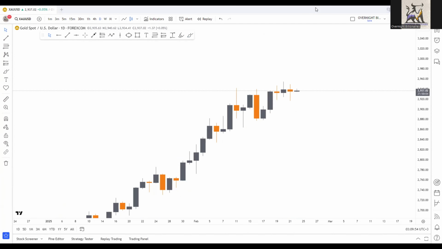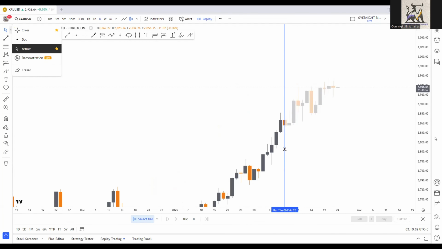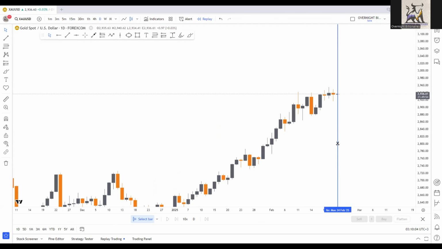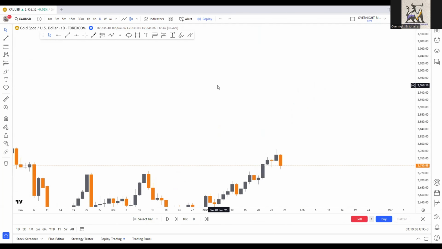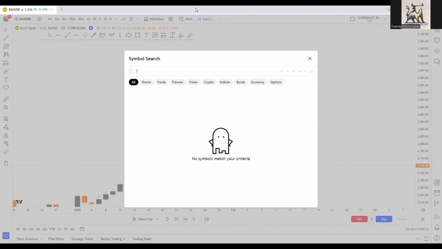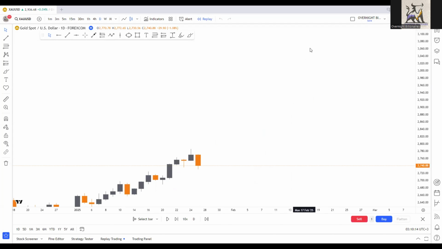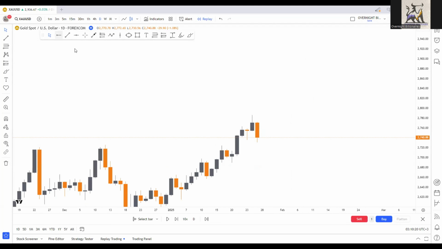Then we'll proceed to look for the other examples on the chart. So basically, I'm showing you first the things that I considered and the entries that I took.